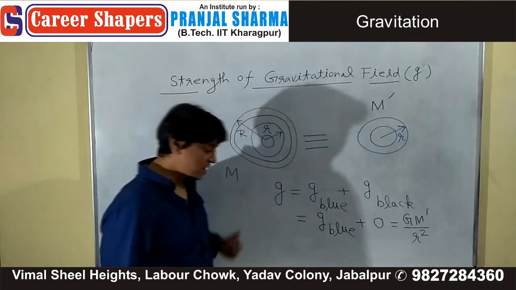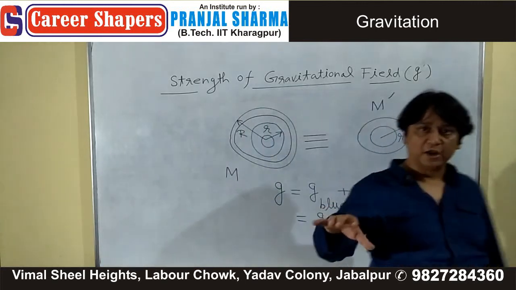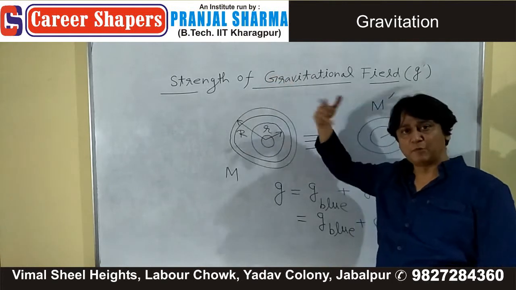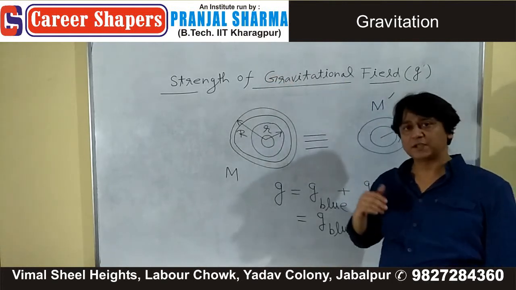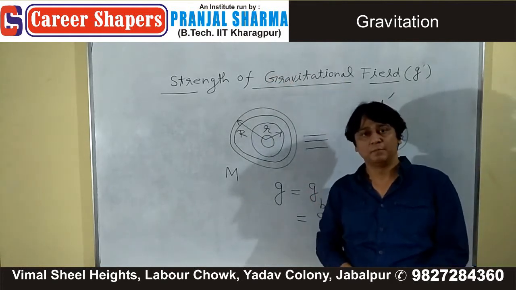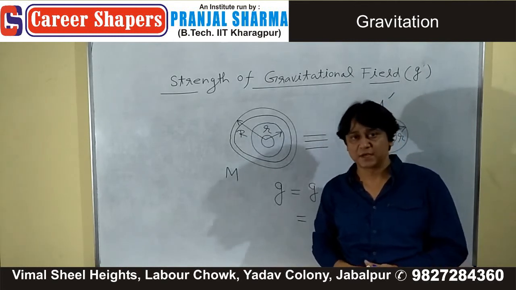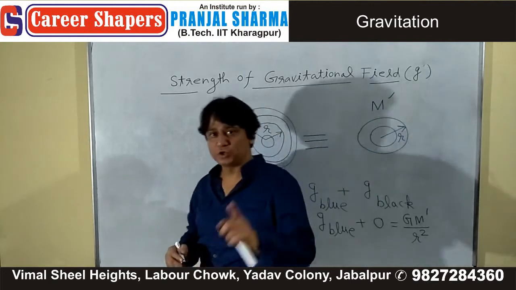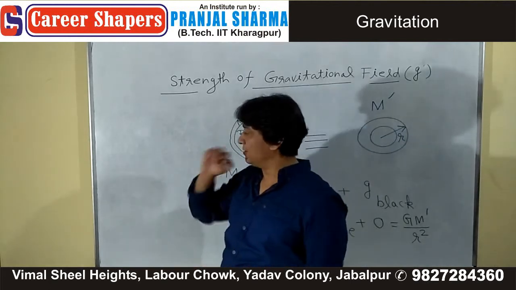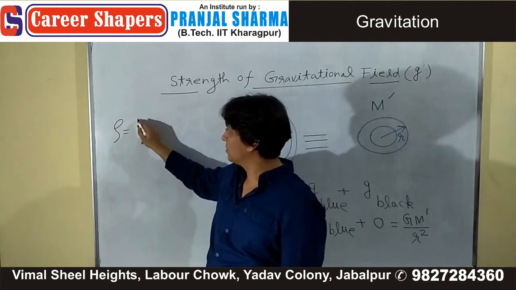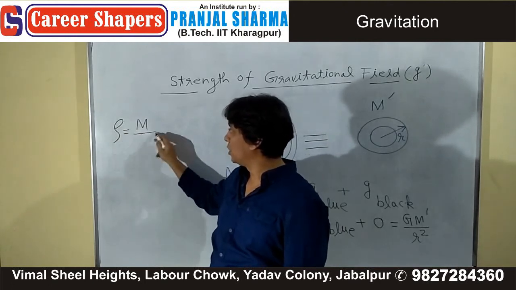M. So, if I say that you have got an onion and you have peeled off these outer layers, if you have removed all these outer layers, then what is that which remains the same? Mass? No. Volume? No. What is that? Density. So density is something which does not change. And if density doesn't change, then how do you write density? Mass upon volume.